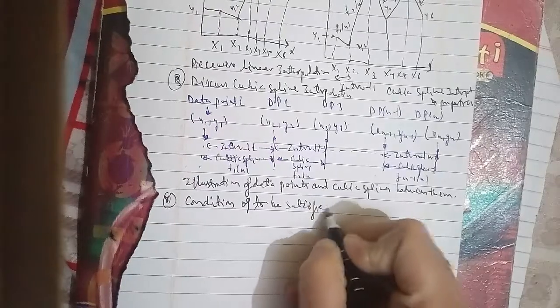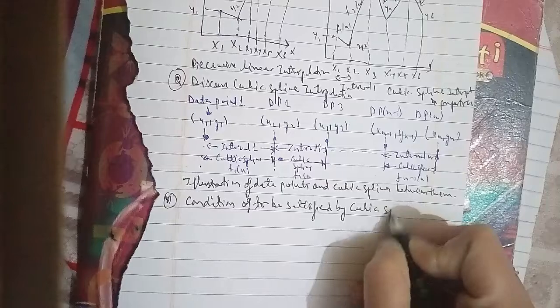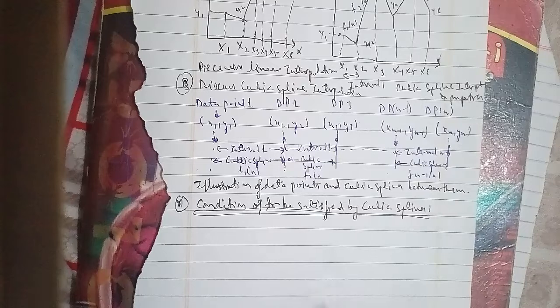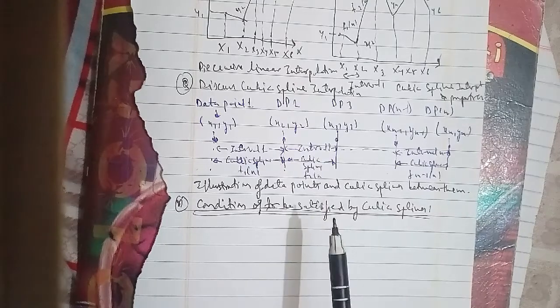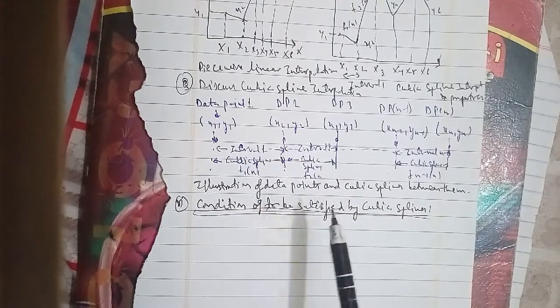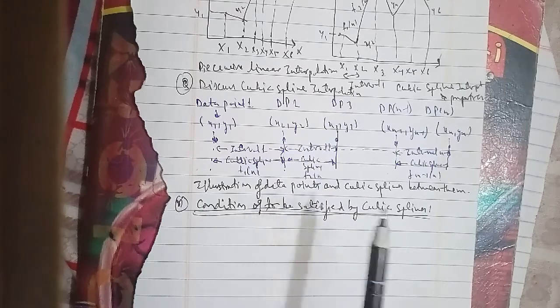Here fi(xi+1) equals fi+1(xi+1), where i is greater than or equal to 1 and less than or equal to n-2.